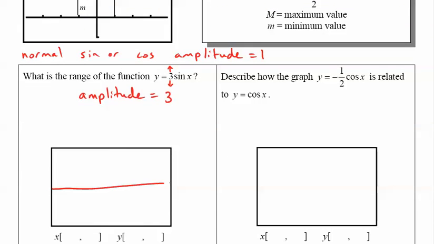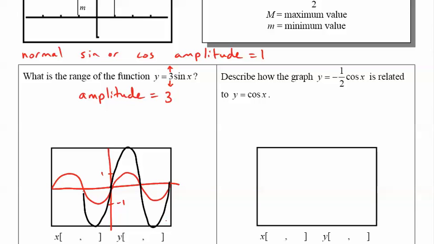So normally, sine looks like this. And usually it goes from 1 to negative 1. But if I make it 3 times higher, it's going to look like this. So there's y equals 3 sine x compared to the normal sine x.